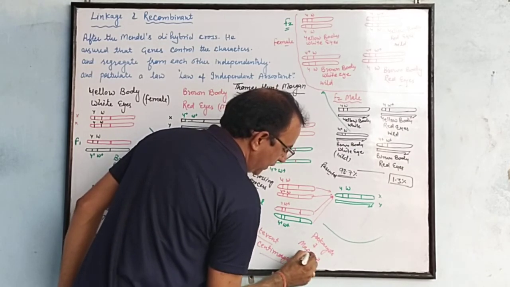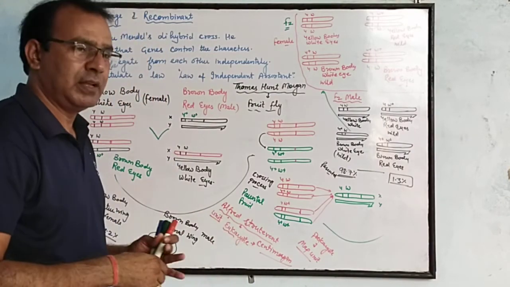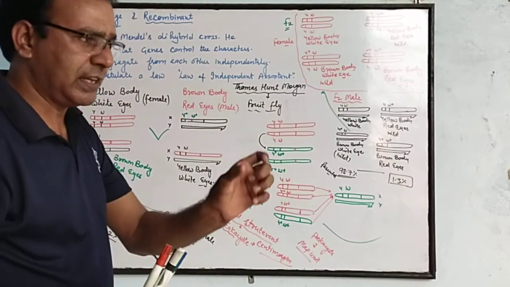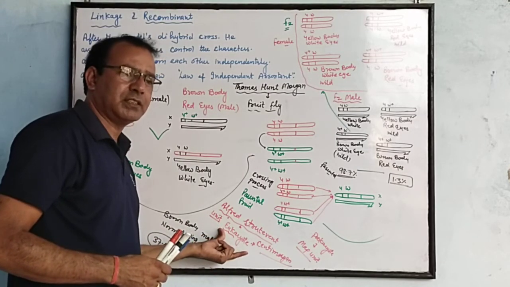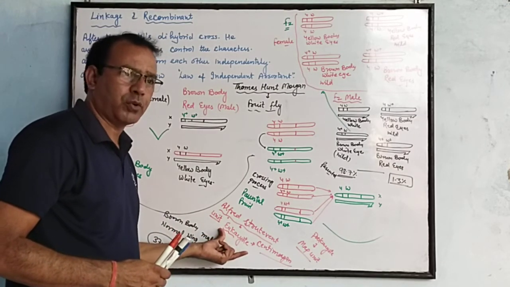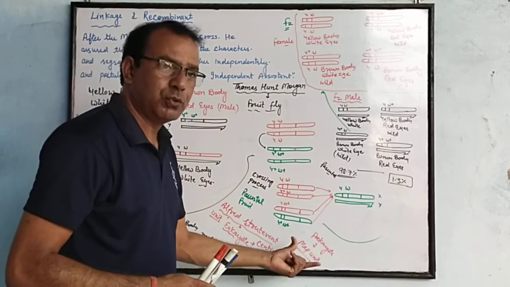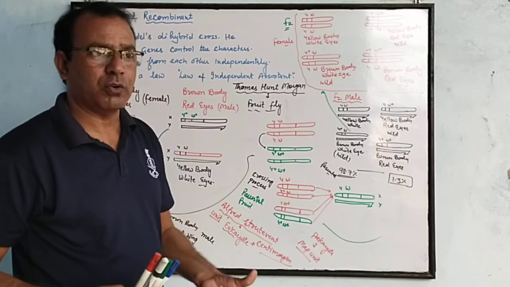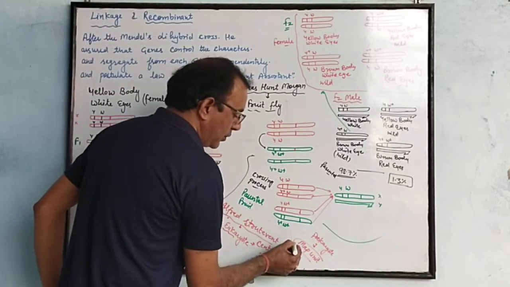Centimorgan and map unit are the units by which we can measure the distance between genes on a chromosome. In eukaryotes the unit used is centimorgan, and in prokaryotes it is map unit.